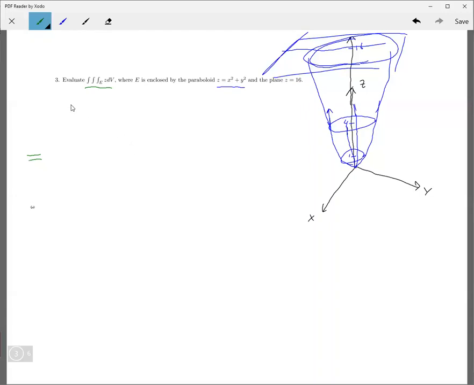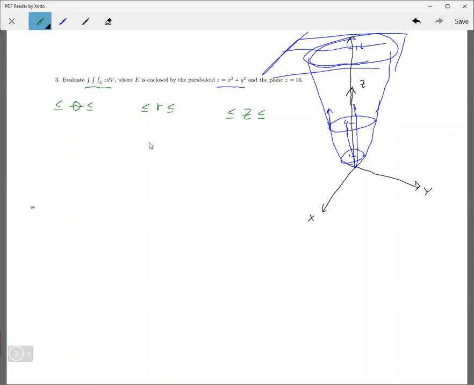But before we do that, let's look at the different players here. We have theta, R, and Z. And try to figure out where each one of those is bounded.